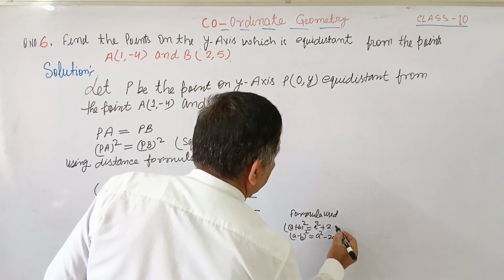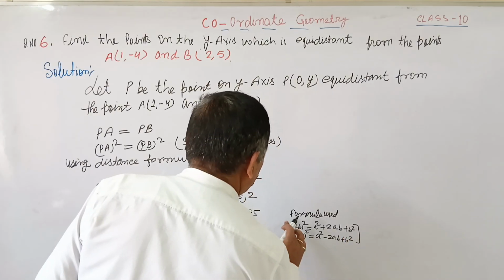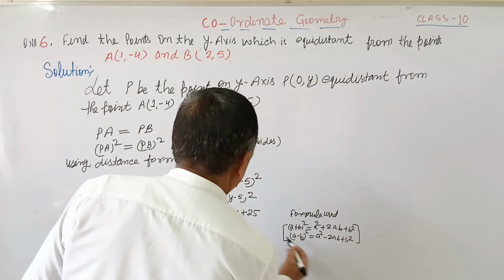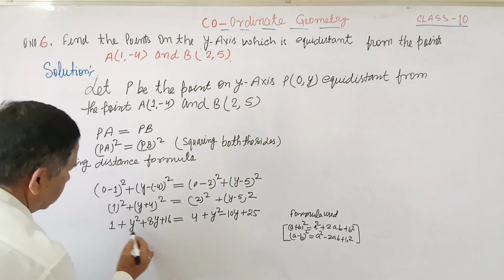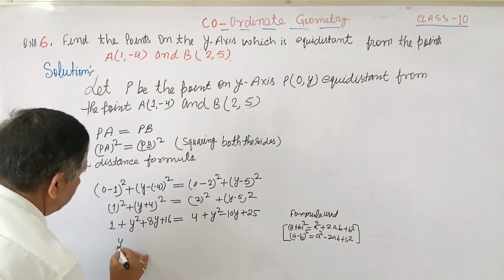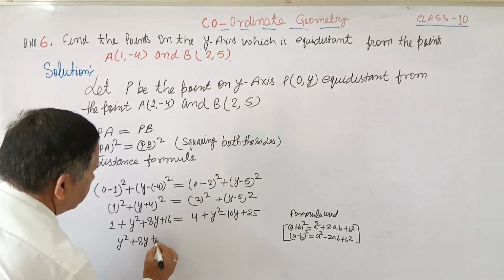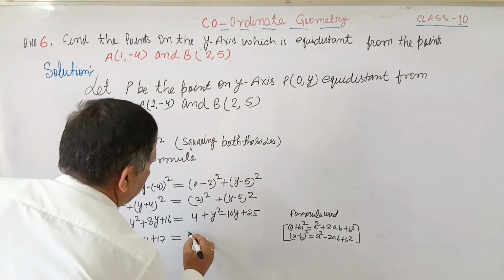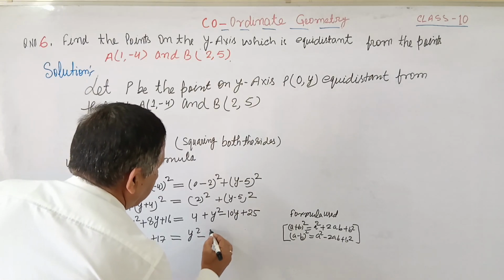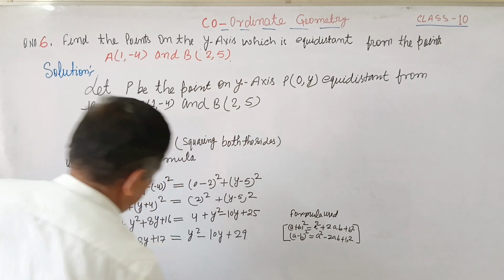Here it is plus 2ab plus b square. So this is the formula that has been used. So now we will get y square plus 8y plus 17 equals to y square minus 10y plus 29.